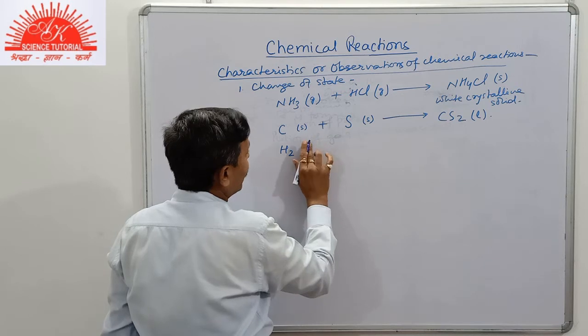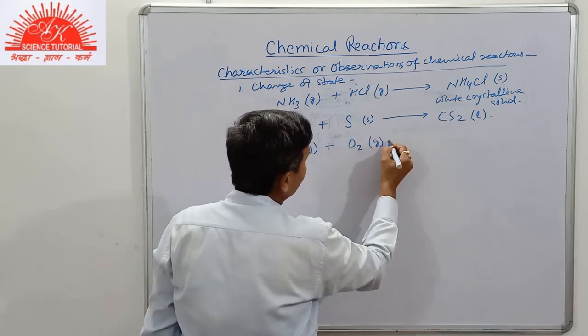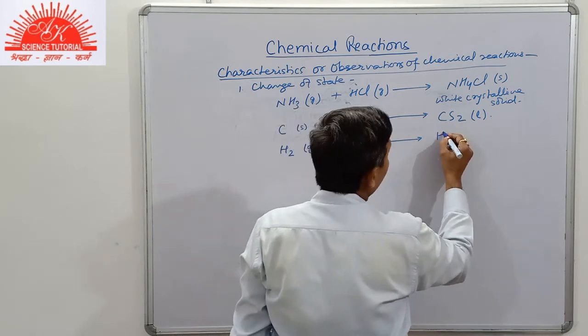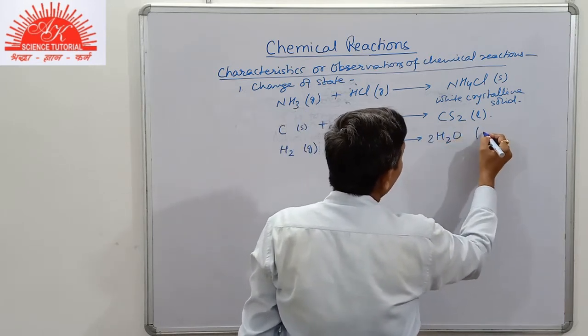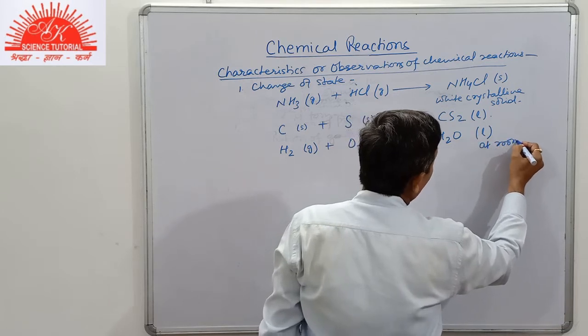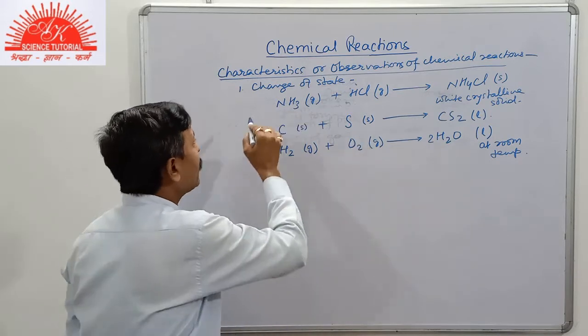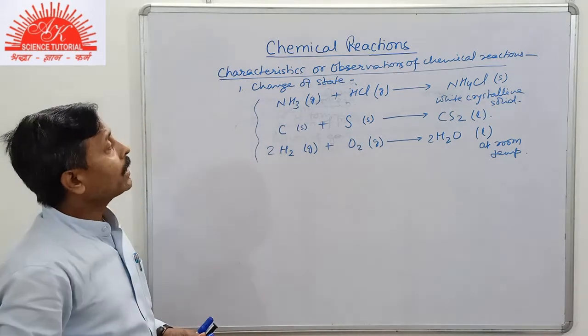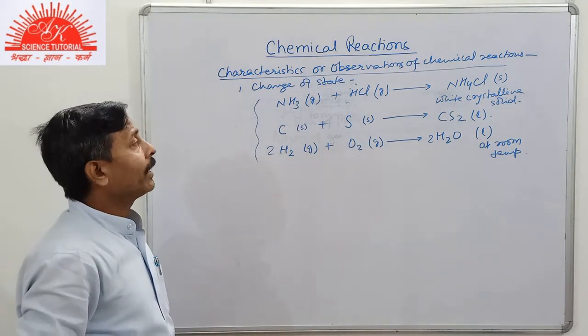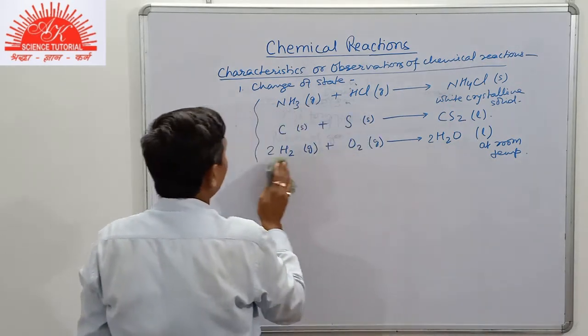H2 gas is burnt in oxygen gas. It forms H2O, that is a liquid at room temperature. So in all three cases, we see that there is a change of state taking place during a chemical reaction.